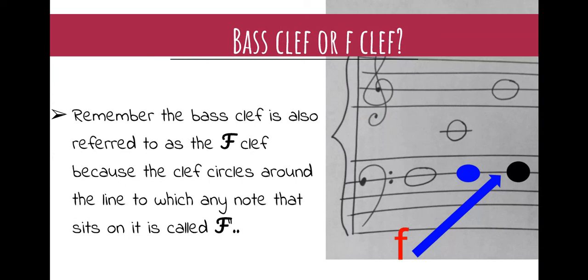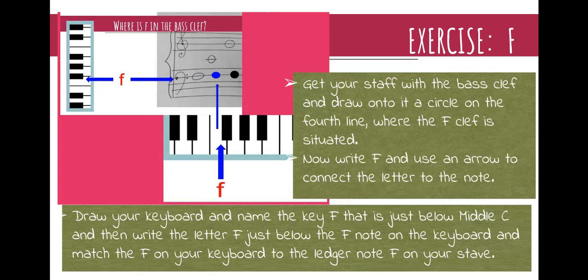So yes, as I said before, the bass clef is also called an F clef, and the reason is because the bass clef circles around the fourth line, and this is a line where any note that appears on there is going to be called an F. So as before, you have an exercise at home where you need to draw the grand staff, then draw a note in the bass clef on the fourth line, and write F next to it.